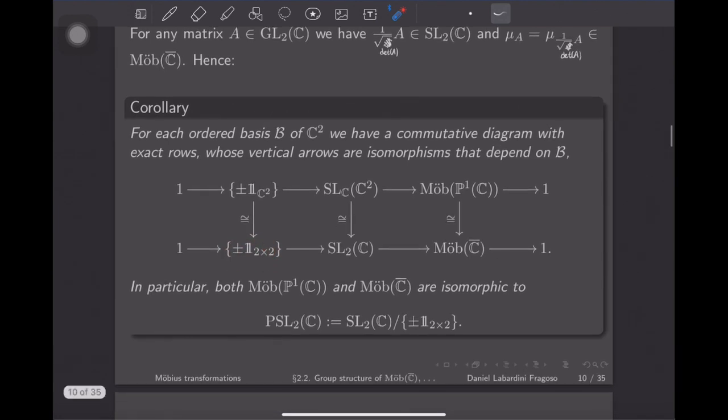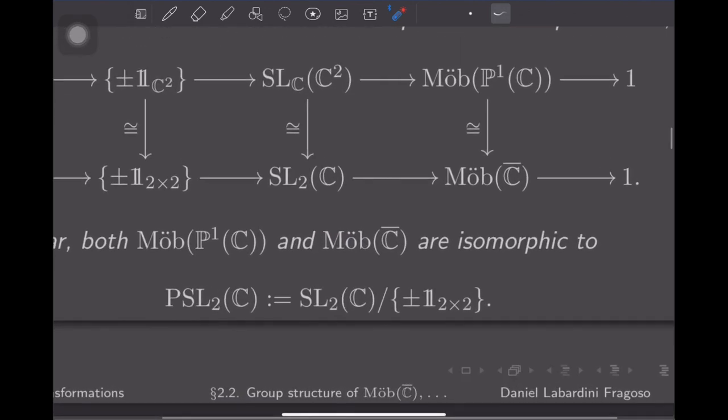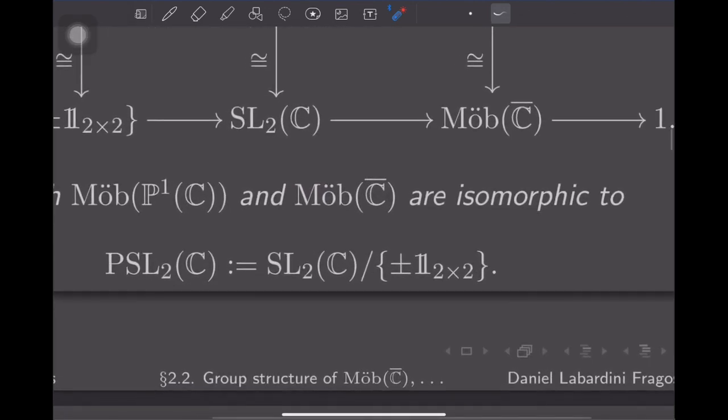And so what I obtain is that my group of Möbius transformations is isomorphic to PSL2C, which is just SL2C modded out by this subgroup that has only 2 matrices. Right?